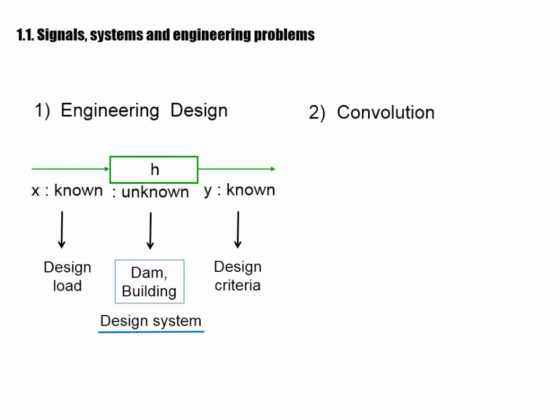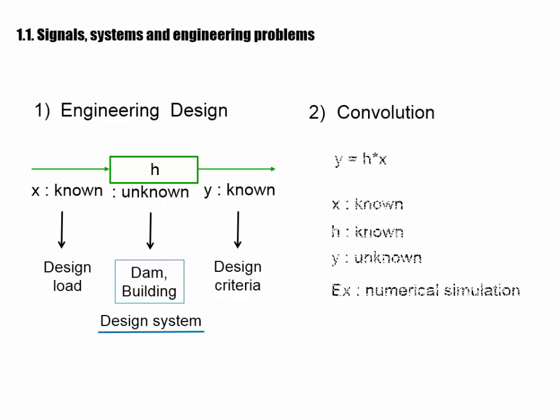So engineering design, the system design is, you know the input and output, and you want to design the system. For example, you have the design load, and you have the design criteria to avoid the failure, and then you do the system design. And convolution is like you have the input parameter.